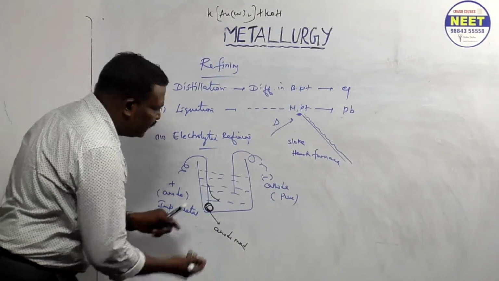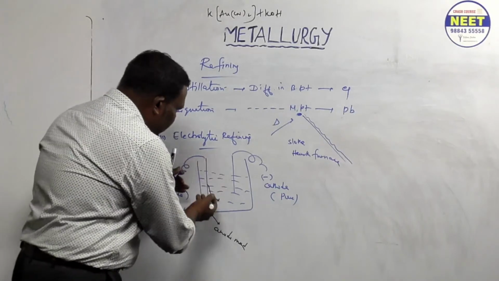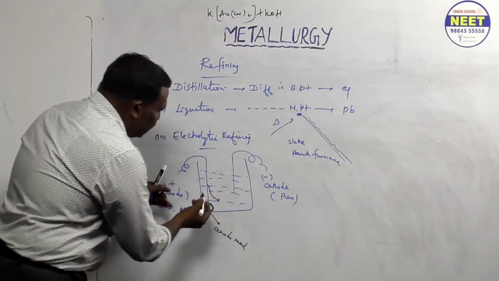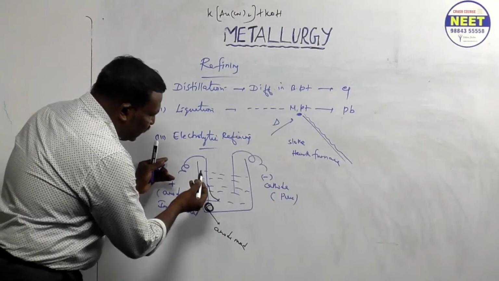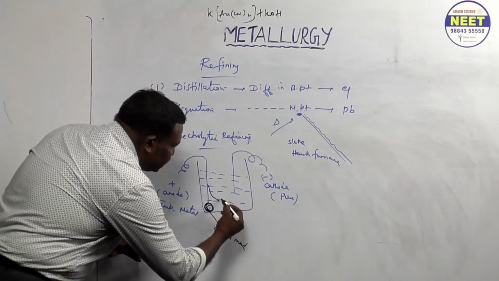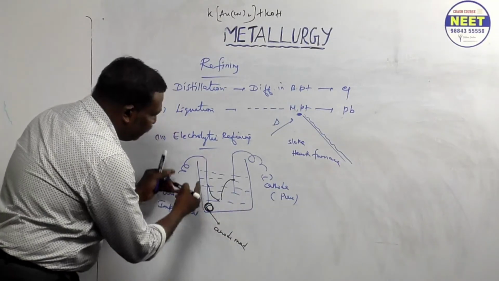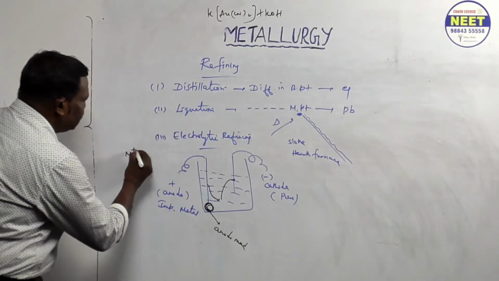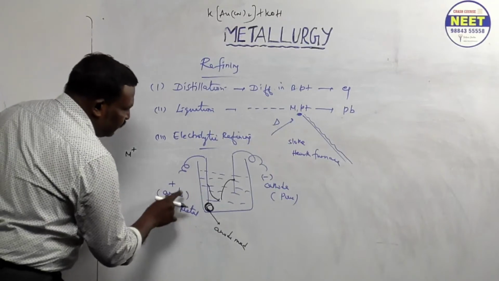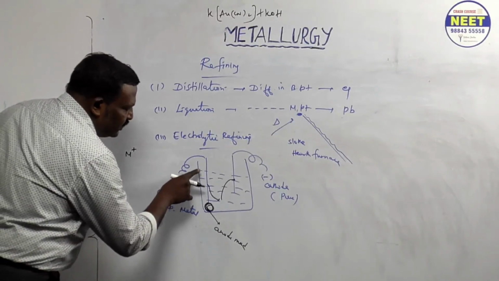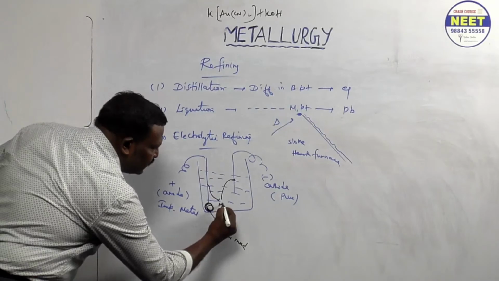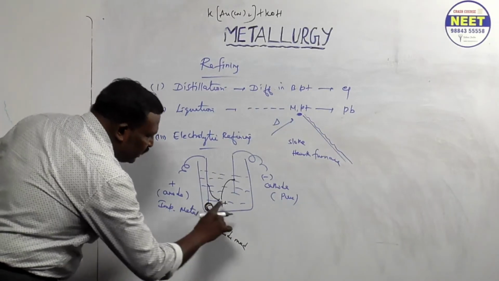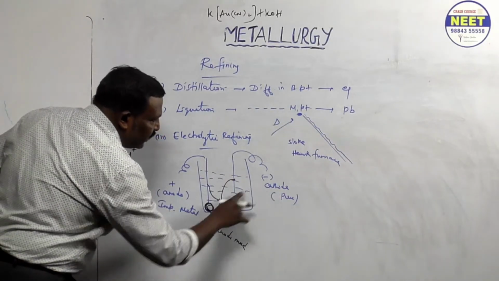Only the metal dissolves from the anode and deposits at the cathode. Metals are of what character? Metals are positive in character. When current is passed, metal dissolves from the anode. Whenever it dissolves, it becomes ions, no? Then deposits at the cathode. Correct or not?